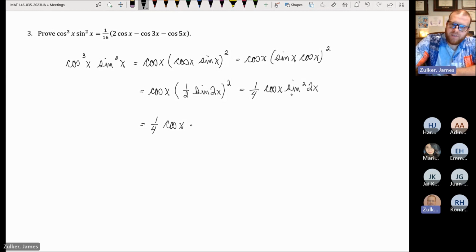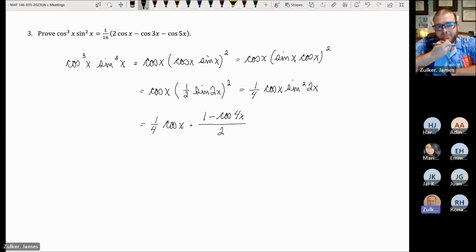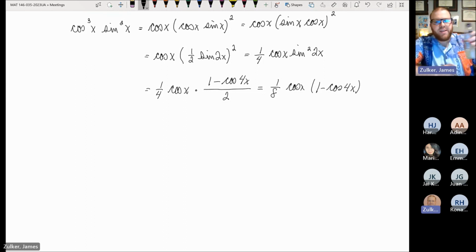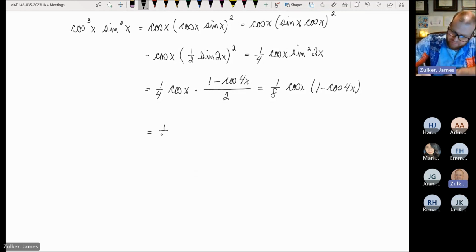Use the reduction identity for sine. And just rewriting it. Distribute the cosine through.